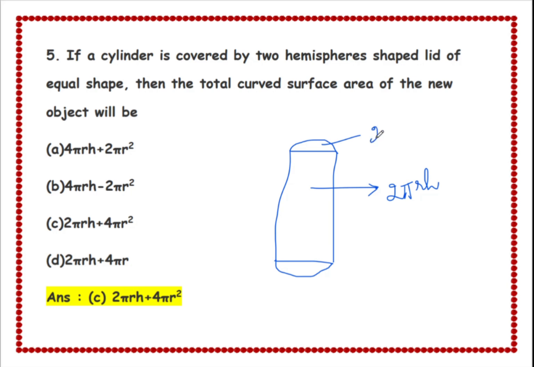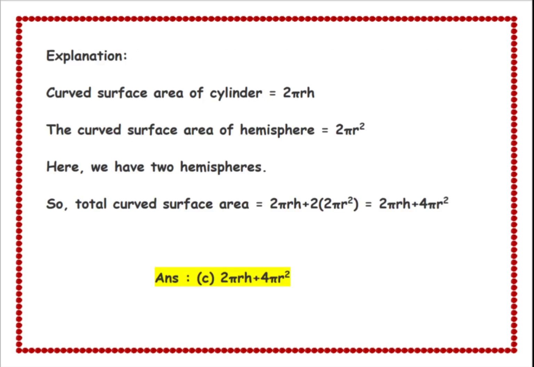the surface area of cylinder is 2 pi rh, then the surface area of hemisphere is 2 pi r square. Now add it, 2 pi rh plus 2 times 2 pi r square, we get 2 pi rh plus 4 pi r square. You can make a note of it.